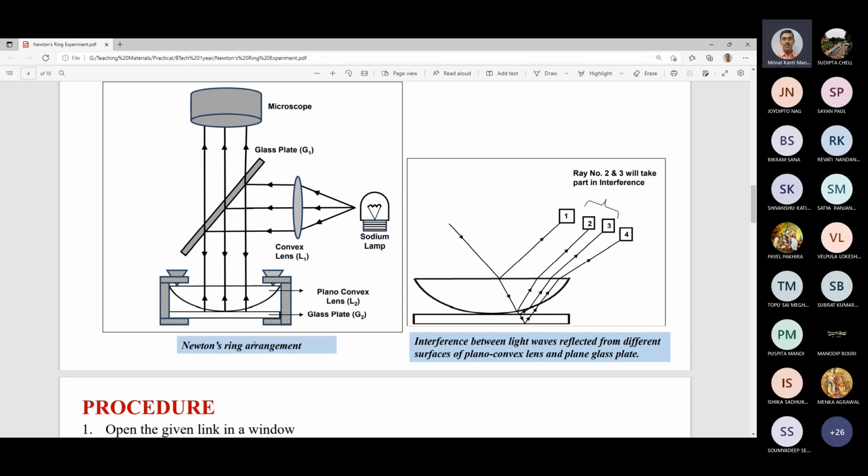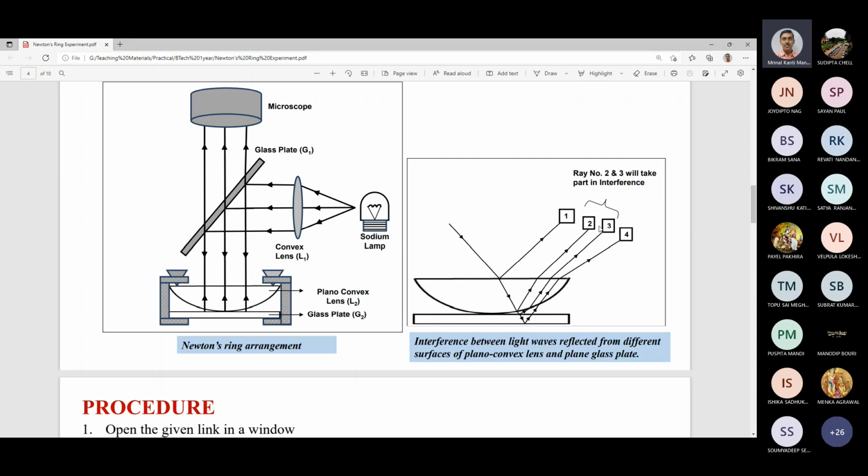So we see that there are two reflected beams. One is reflected back by this curved surface of the lens. Another is reflected back by the top surface of this glass plate. So if we unite these two beams, then we can observe the interference pattern.